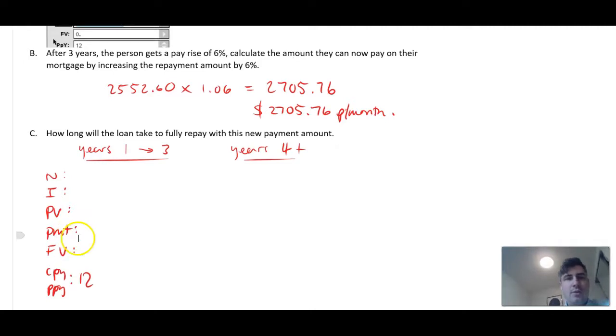The first 3 years was 12 times 3. We are going to do an interest rate of 4.7, a starting value of 450,000, a payment amount of 2,552.60, and an FV of we don't know. We don't know what that's going to get to, but that's going to help us with our next.